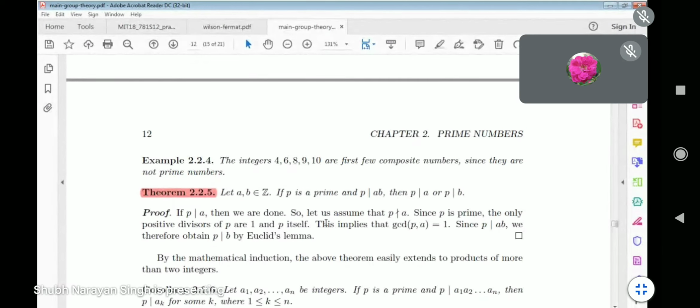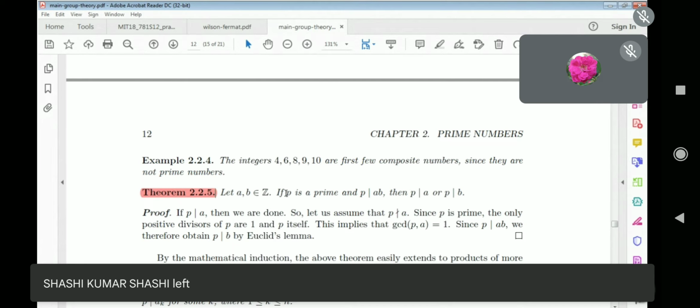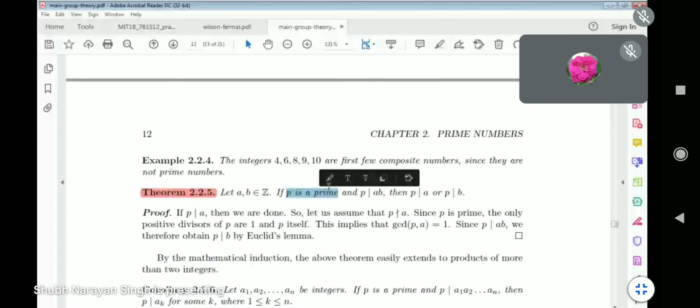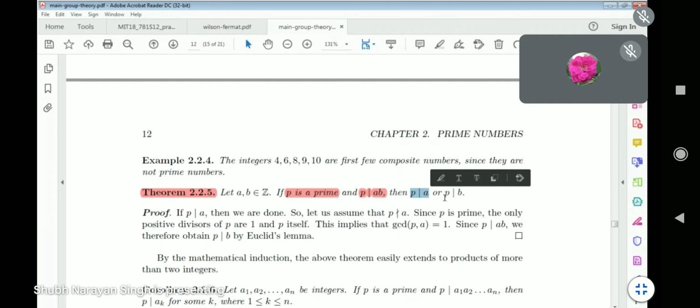So see what information we have in this mathematical statement. That p is a prime number is the first information we have. Another piece of information we have is that p divides this product ab. Using these two pieces of information, we'll conclude that p either divides a or p divides b.